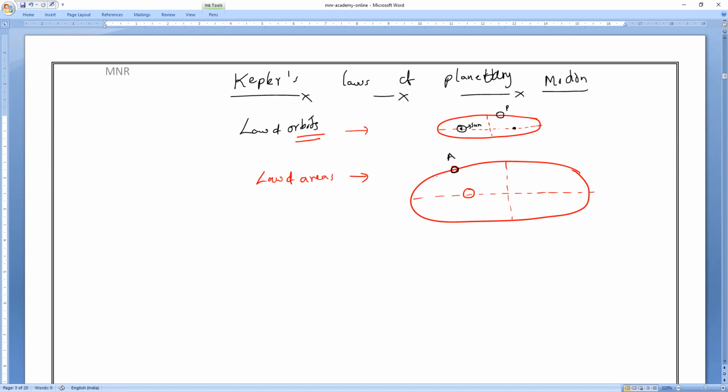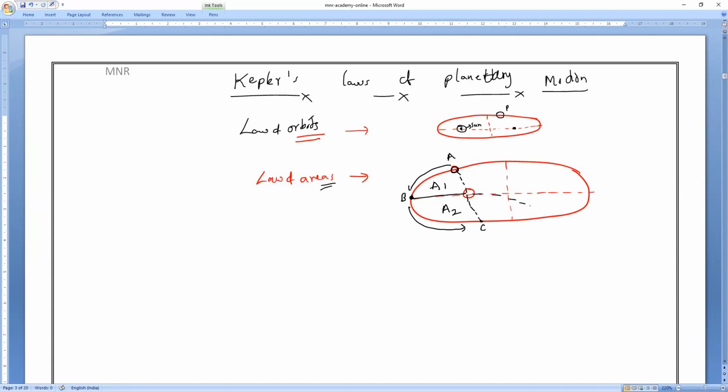So let me take a given period of time. What is the second law, everybody? In a given period of time, the planet sweeps equal area in equal intervals of time. That is what we call the law of areas. Let me take this area as A1. At some other point, again in the same equal interval of time, it sweeps equal area.